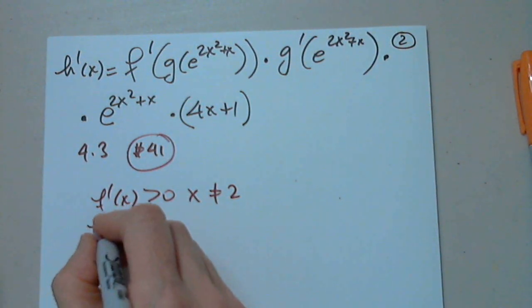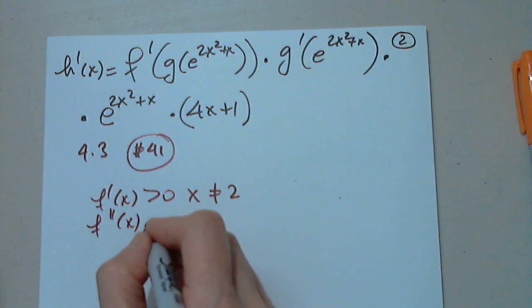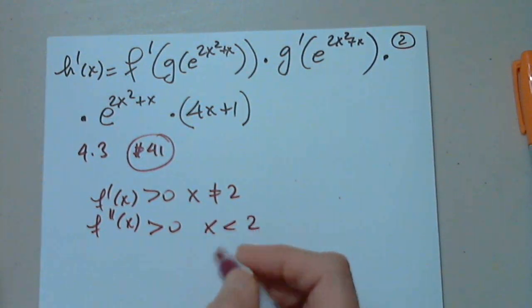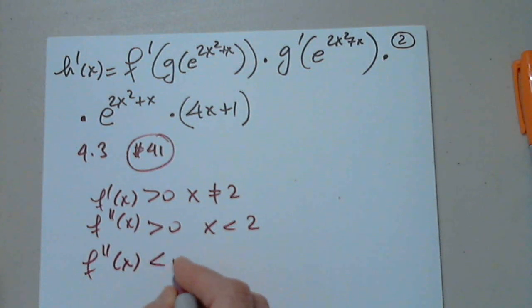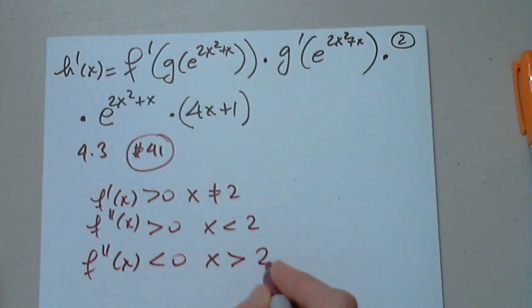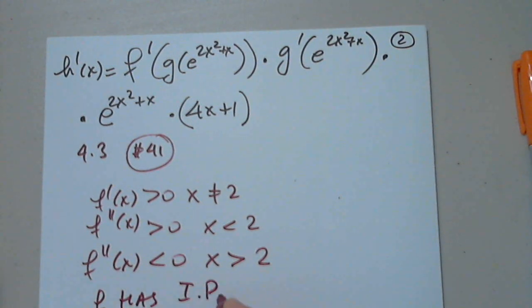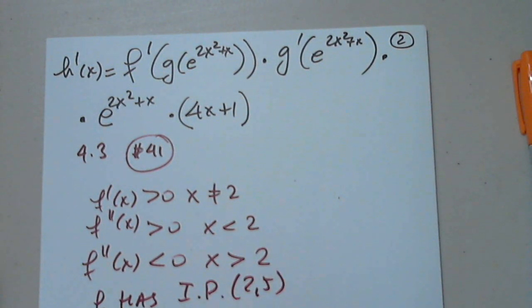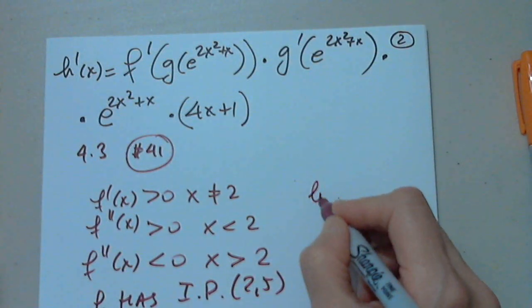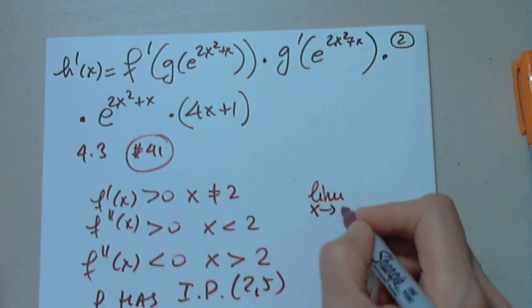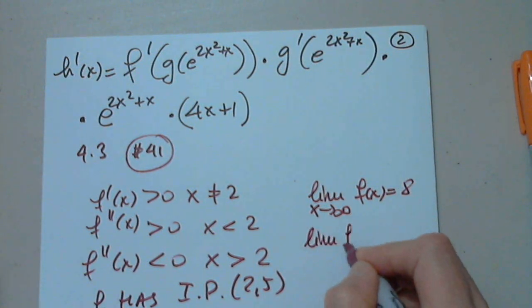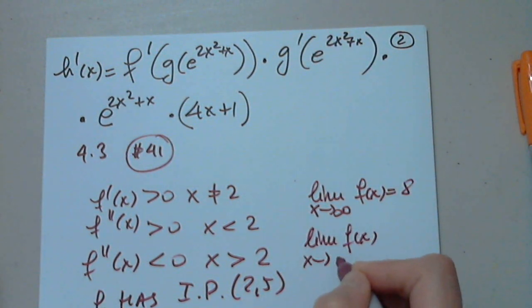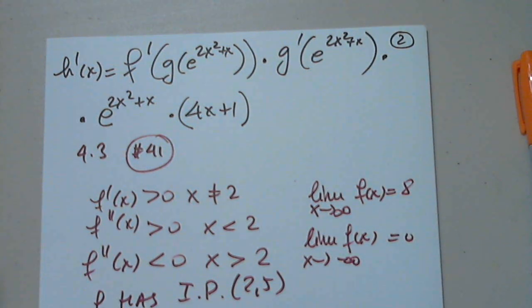We have f double prime greater than 0 if x is less than 2. Is this the one? Am I copying the correct one? Yes. Okay, perfect. So f has an IP at (2, 5). And then we also have the limit as x approaches infinity of f of x is 8, and the limit of f of x as x approaches negative infinity is 0.